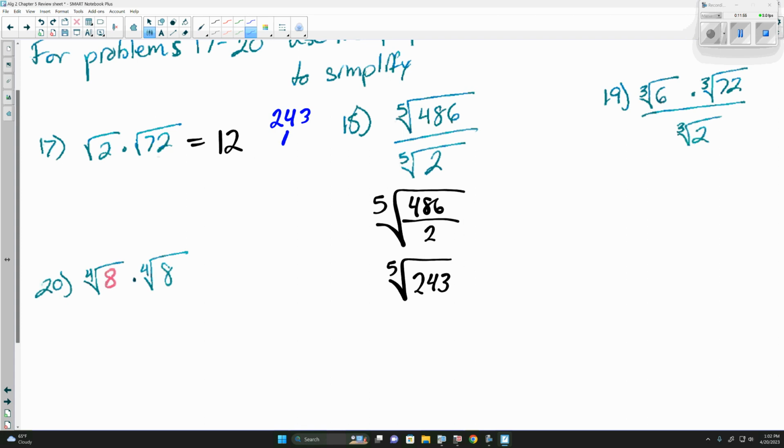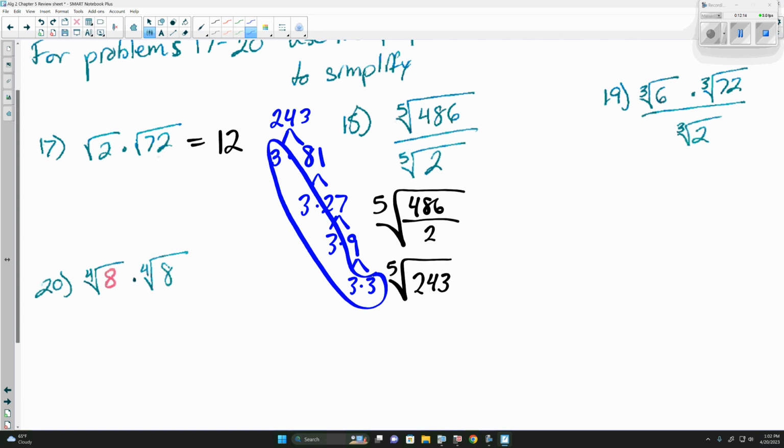Or if we did it by hand, we would go to a factor tree, which would be 3 and 81. 81 is 3 and 27. 27 is 3 and 9. 9 is 3 and 3. Well, how many 3's do we have? 5. So 3 to the 5th. So we're taking the fifth root of 3 to the 5th, which is indeed 3. Which means, since there's no radicals, that we could have typed the original problem in, and it would have given us the answer. Questions on this here?